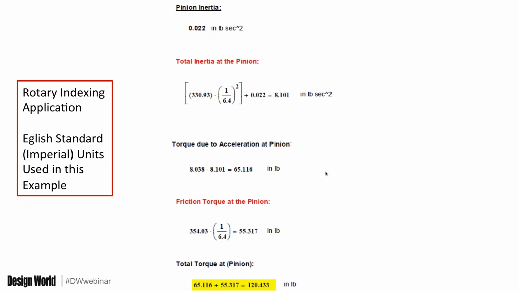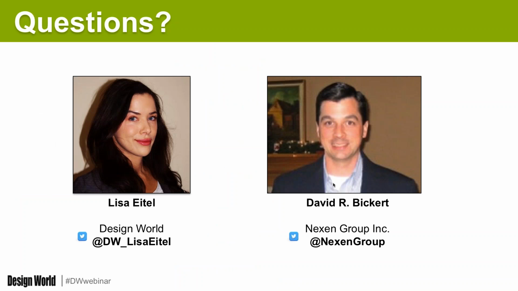Now, torque is going to be divided by the ratio, but it is not the square of the ratio. When we add those numbers together in this example, we will end up with 120.433 inch-pounds of torque at the pinion. And from there, you have all of the items that you need for basically looking in the catalog to size both the pinion and gear as to the product itself.